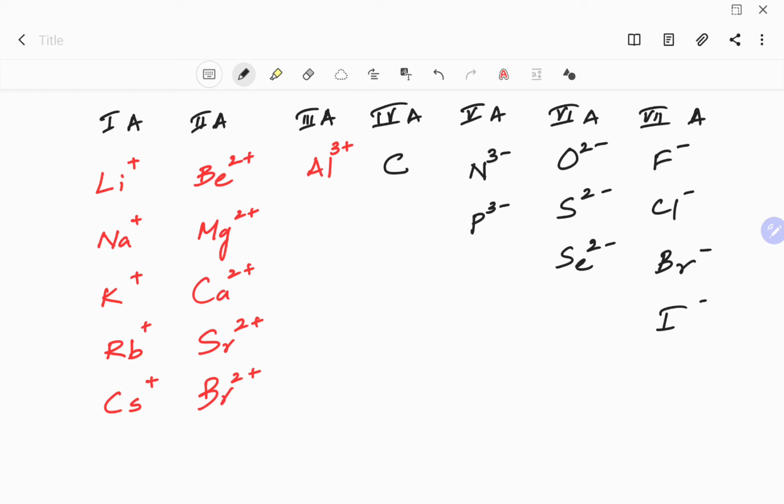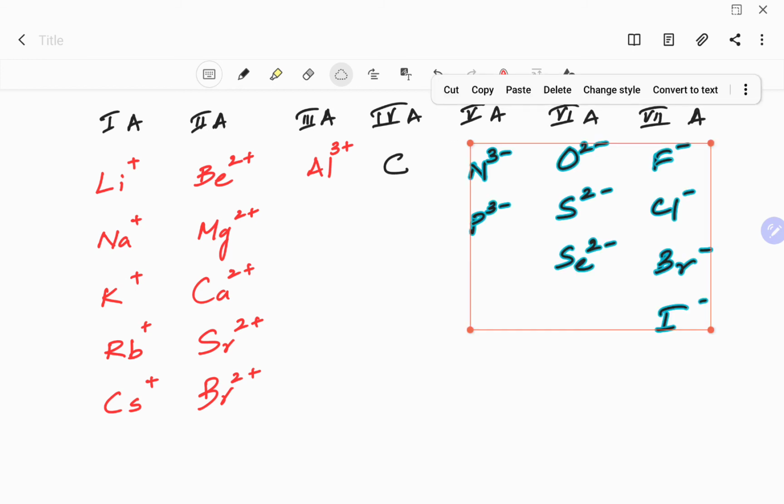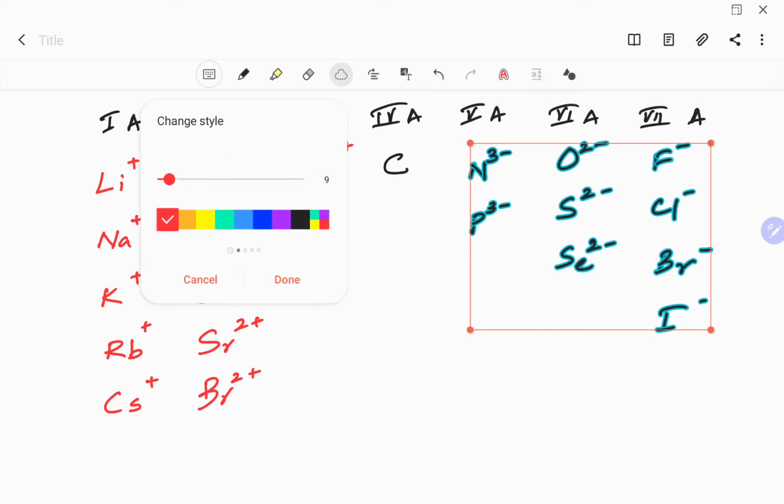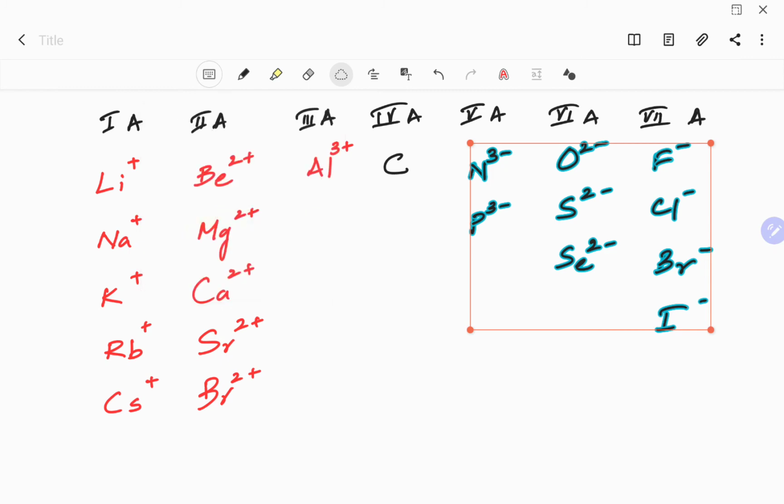So here is the thing. You already know the charge of these anions and cations by looking at the group number, right? So therefore, you have to do one of two things.